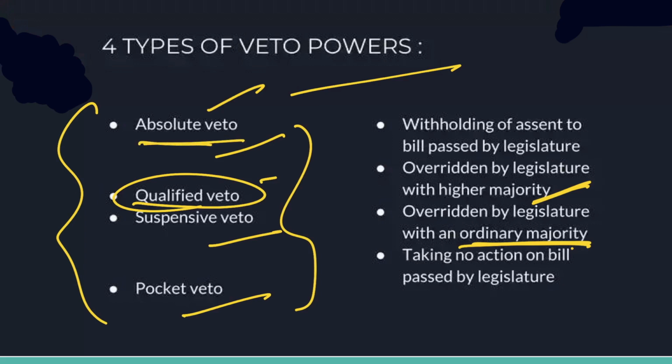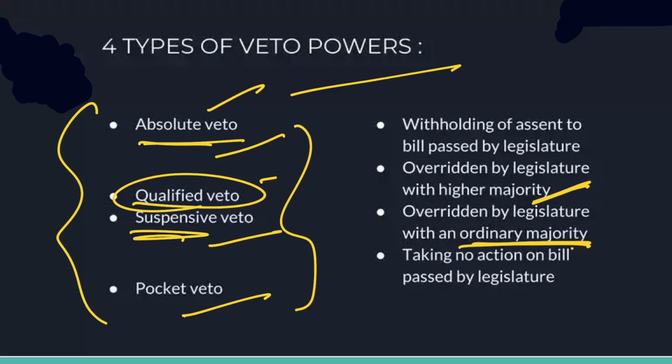Usually, absolute veto is exercised in the following 2 cases. One is with respect to private member bills, that is a bill introduced by any member of parliament who is not a minister. The second is with respect to government bills when the cabinet resigns and the new cabinet advises the president not to give his assent to such bills.